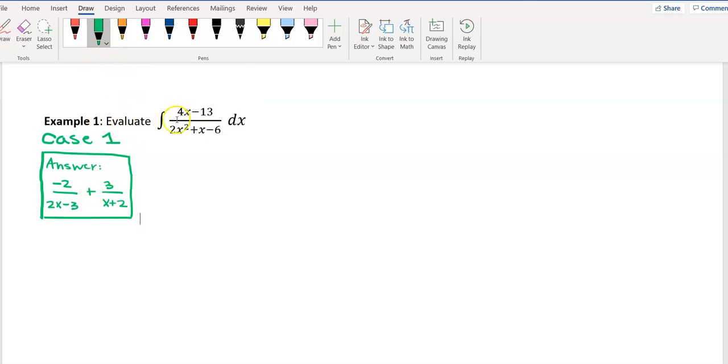So I'm going to go ahead and take this integral here and set it equal to these partial fractions. And this is actually something we already did, like I said, so we're not skipping any steps. You'll just have to look back at case 1 to see where these came from.